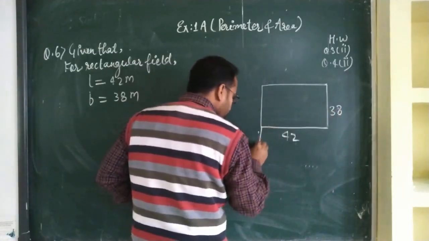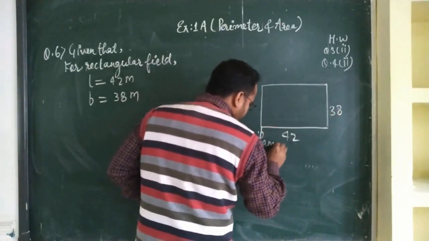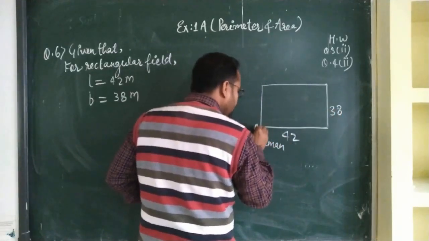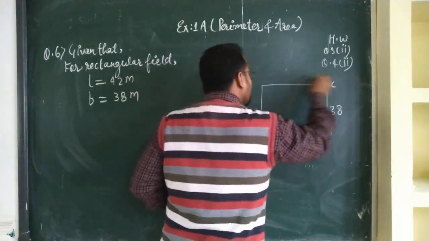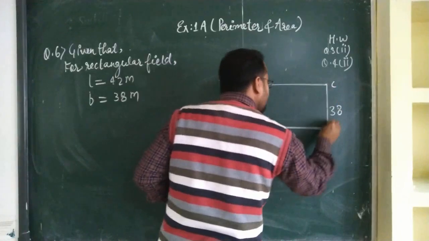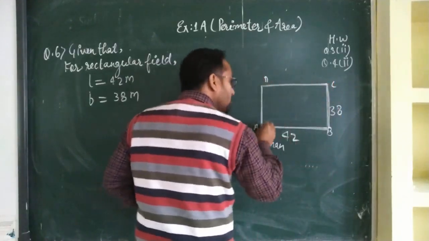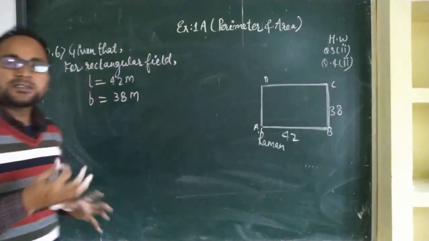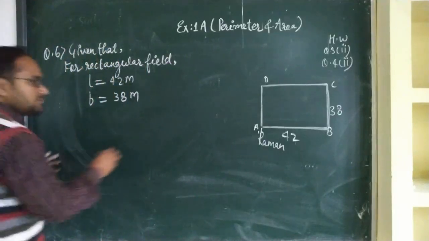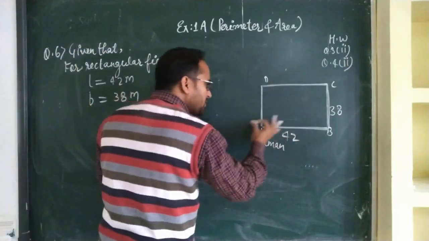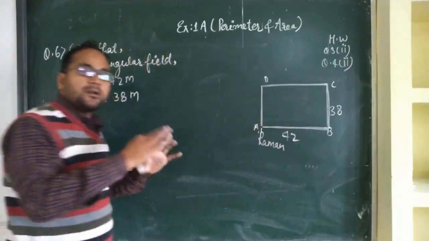If Raman starts from point A and goes through B, C, D, and covers this distance twice, how much distance will he cover? First, one round means the perimeter.